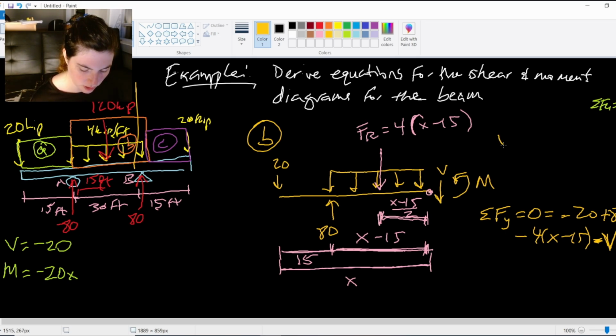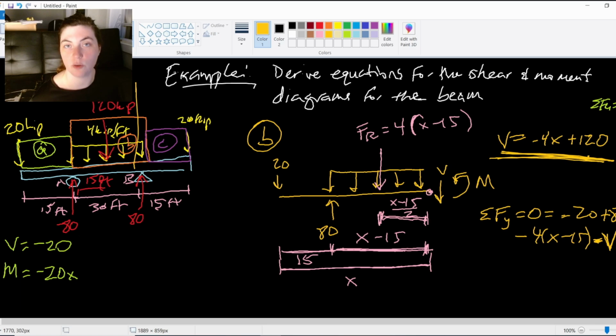It's not just a number as we've seen it before. Our shear equation, V, equals negative 4x plus 120. Right, now this is our equation for our shear force.